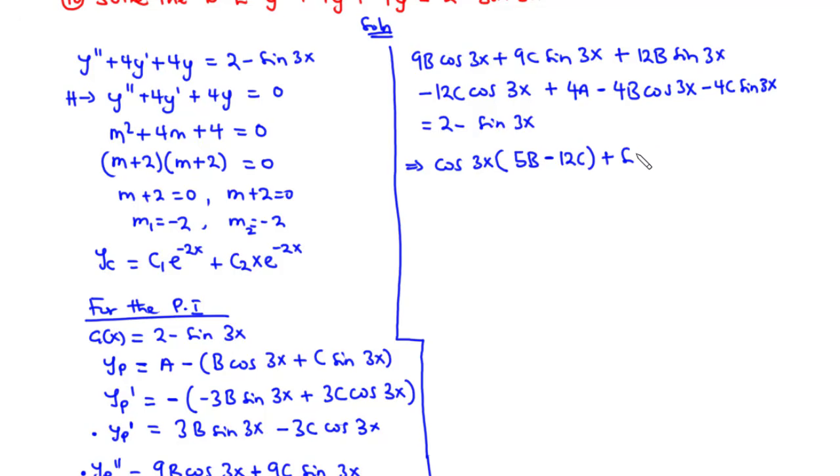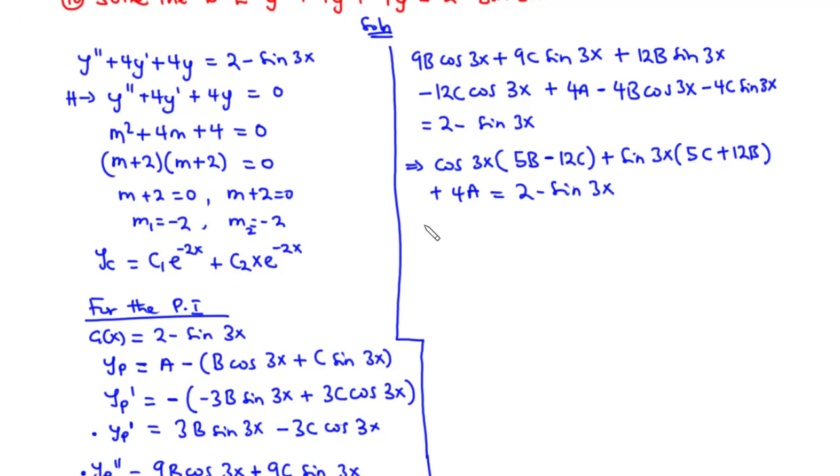If you want to group the sin 3x's, you can have 9c minus 4c, that is 5c, and then we still have sin 3x, so plus 12b. So we've been able to take care of cos 3x and sin 3x. We are left with plus 4a equals 2 minus sine 3x.